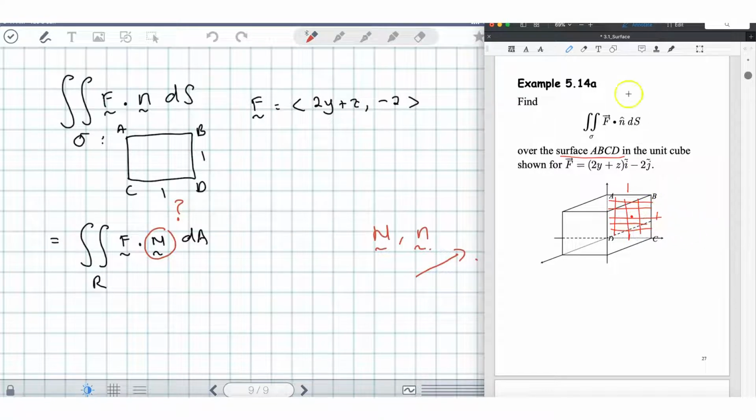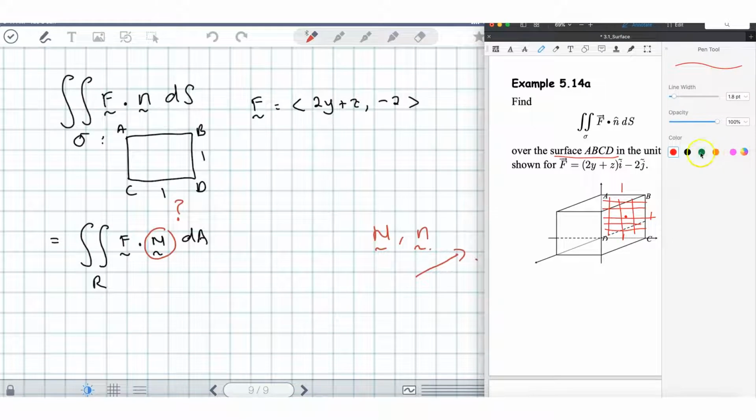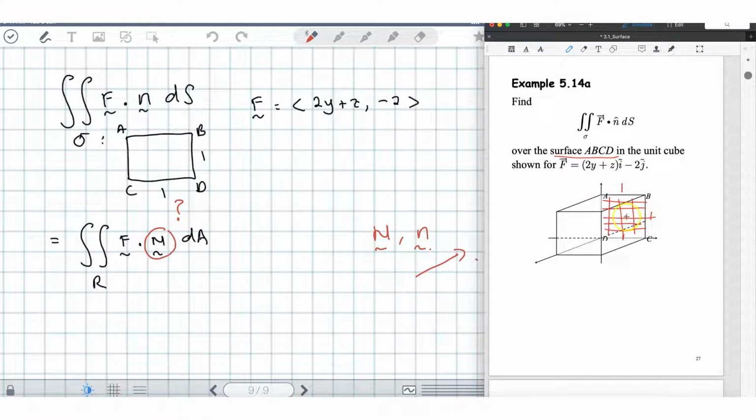We say that it points outward, so the direction should point that way. Let's say they don't give you the labeling, so we understand that this one should be X, using the standard orientation.